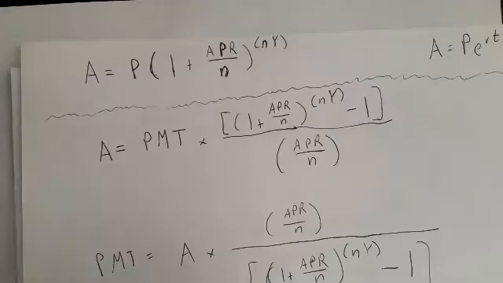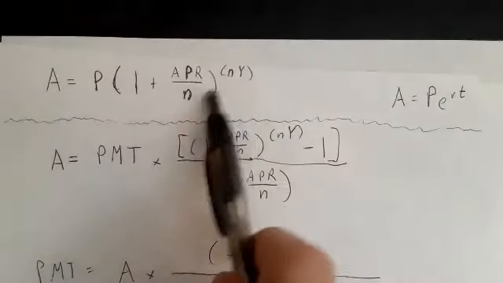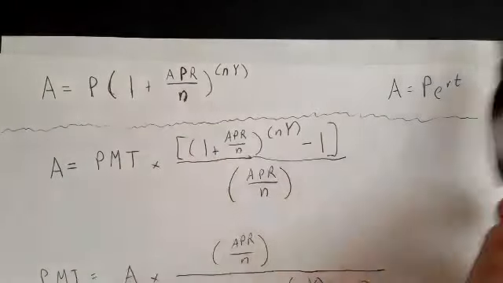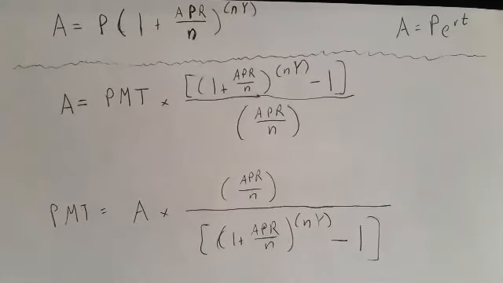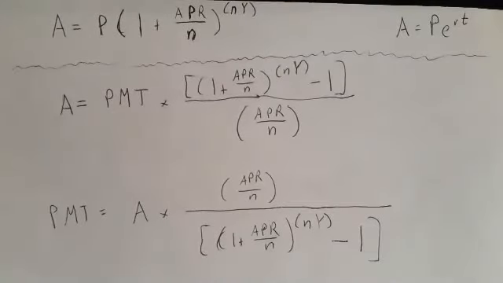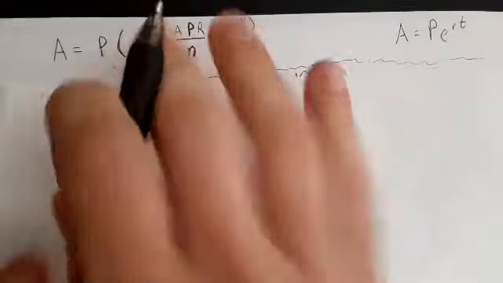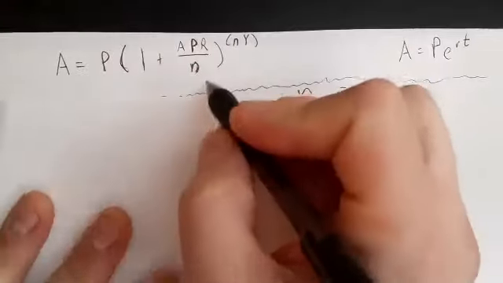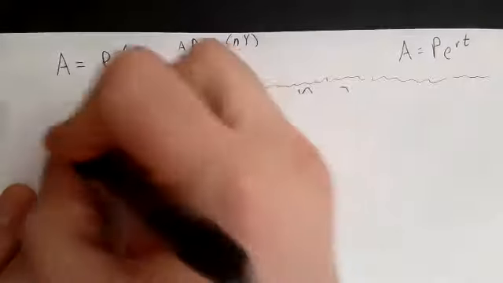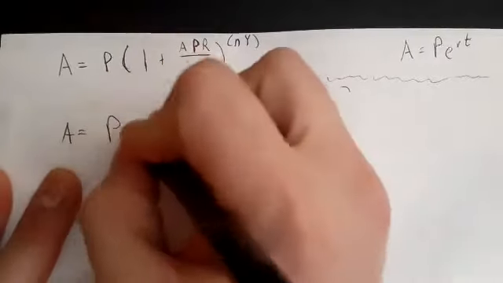Okay, so up here are the two formulas we got last time, or two of the major ones, I guess. And then we got two more for today. If we're just going to do compounding once per year, then we could write another formula for this.